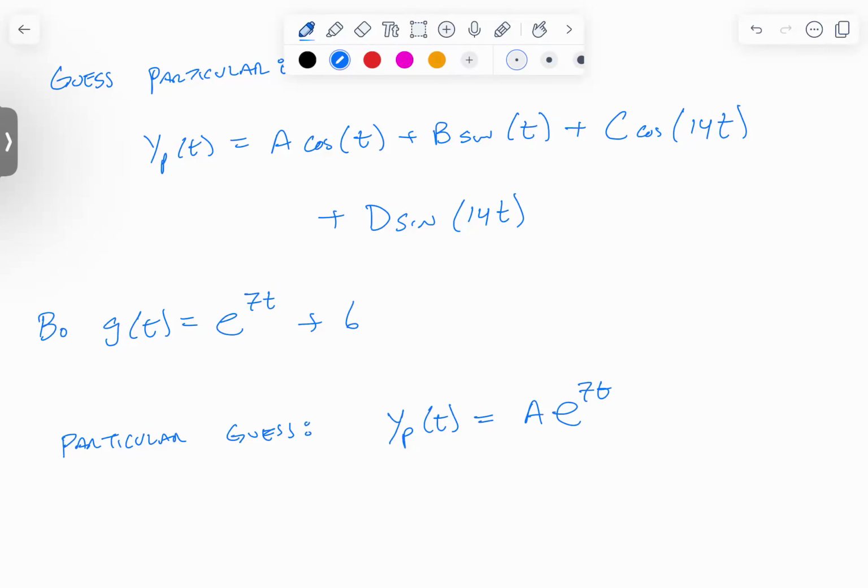So A e to the 7t. And then the big part here is, what is this 6? That's a polynomial, technically. So I have like t squared or t cubed or just 6t? What is the guess going to be?